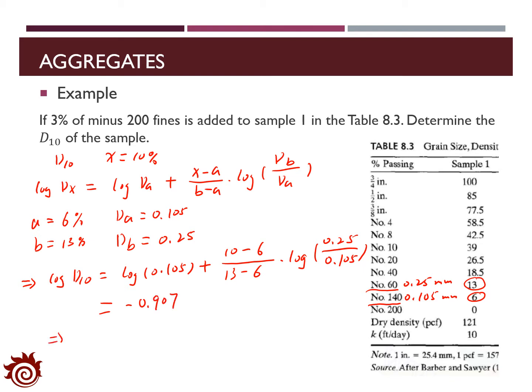So we can find D10 as 0.124 millimeters. So that's the way to use the equation to solve for D10.